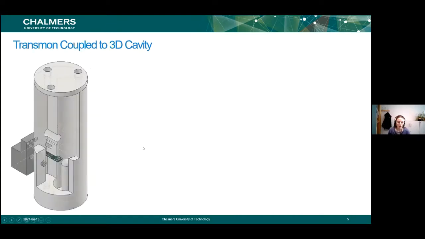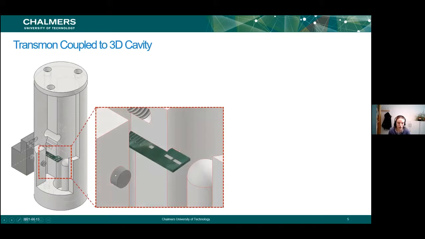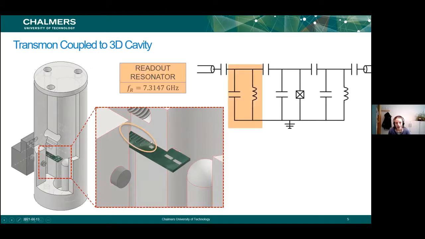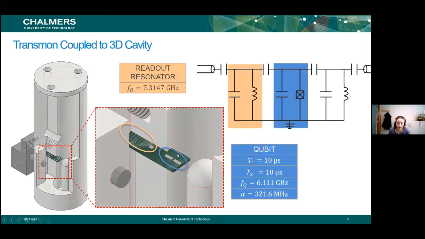Now there is a transmon. It's a chip which you will slide into your cavity. If we zoom in a little bit, you can represent these three modes as a circuit, and then your readout resonator is this linear mode at 7.3 gigahertz in my case. The qubit is the nonlinear mode, our ancilla, that's going to allow us to do something that's not a coherent state.